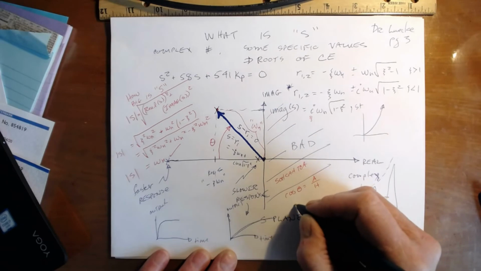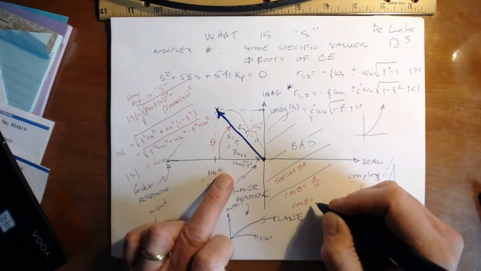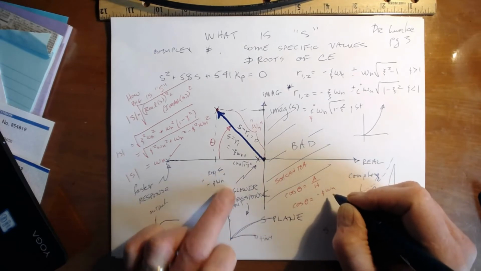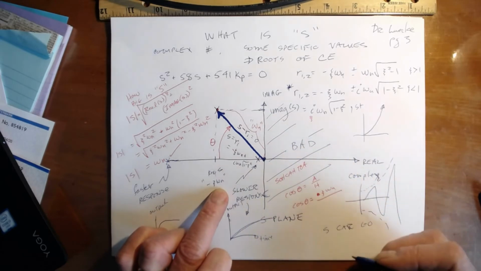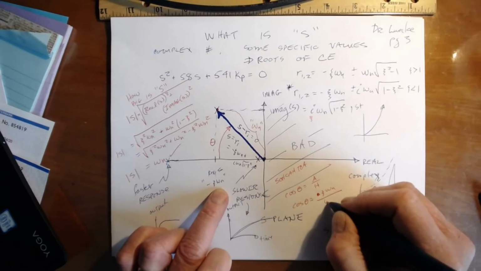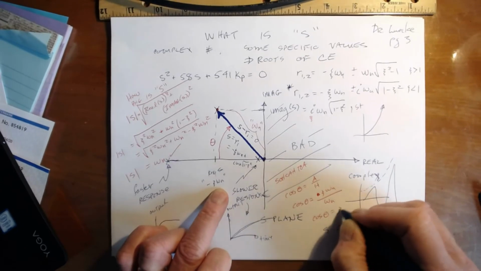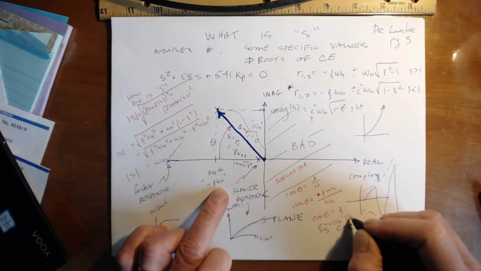So the cosine of theta is equal to the adjacent, which is minus zeta omega n. This is just the magnitude over the hypotenuse, which is omega n. The cosine of theta equals zeta. Zeta is equal to the cosine of theta, so theta is the arc cosine of zeta.